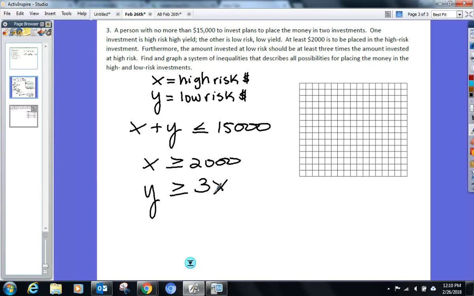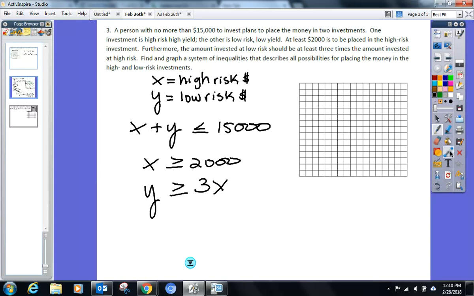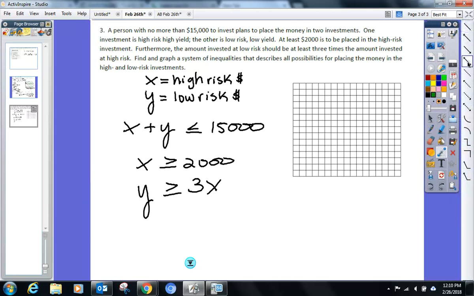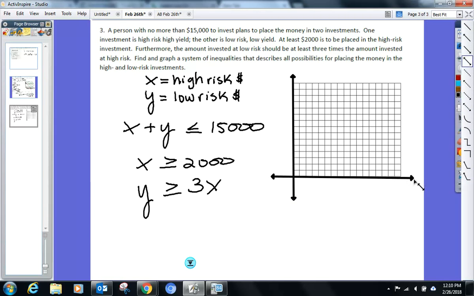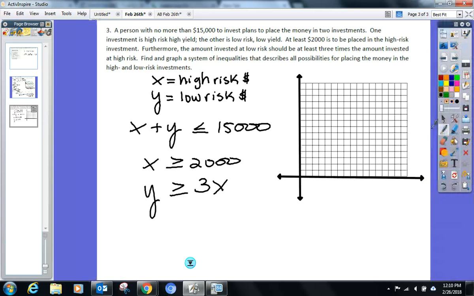Can you invest negative amount of money? No. What am I trying to show you? That we're still in quadrant 1. So go ahead. Make sure you get those down now while we're here. Our labels. We're talking about thousands of dollars here.